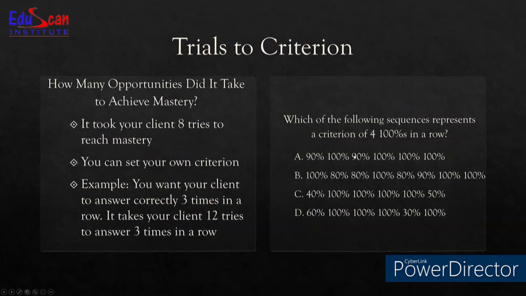This is not an example because we are looking for 4 times 100 in a row. Let's go and evaluate B. 100, 80, 80, 100, 80, 90, 100, 100. So the maximum in B, 2 consecutive hundreds in a row are achieved, which is not our criterion.